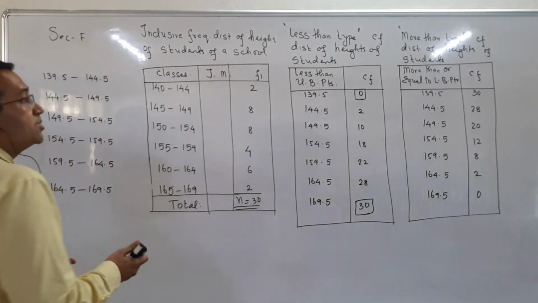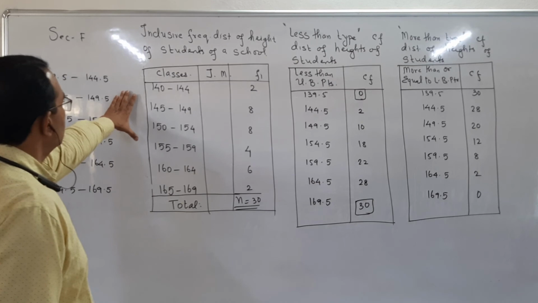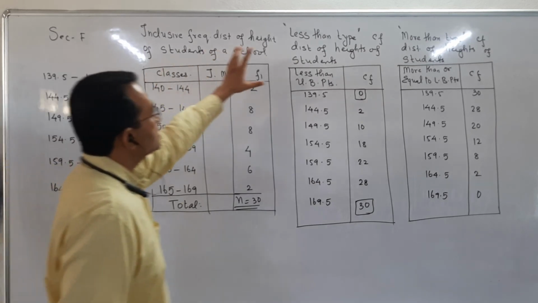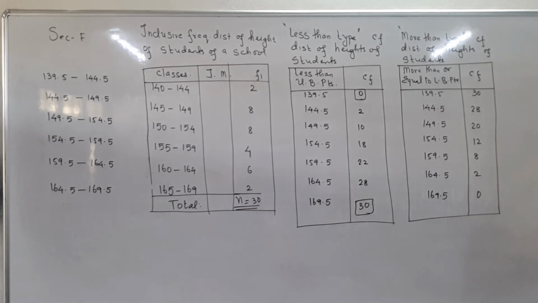Now still the sum is not over, students. This is a very lengthy sum. First part was frequency distribution, second part was less than type, third part is more than type, and now we have to answer the questions. If participation in the NCC activities requires a minimum height of 160 centimeter, then how many students are eligible for participation?